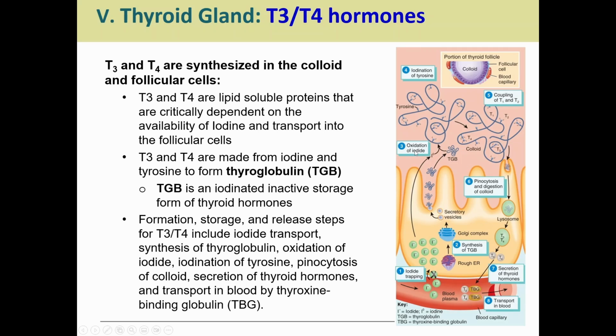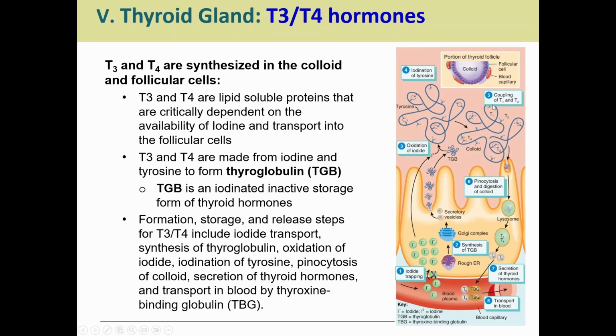From there, we oxidize the iodide. So we're going to pull away electrons. We go from I negative to I neutral, right? We are going to add it to our tyrosine.